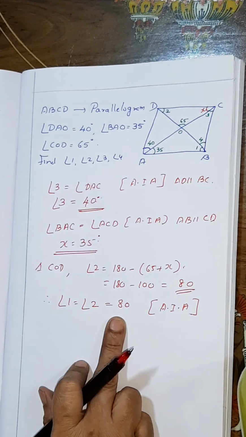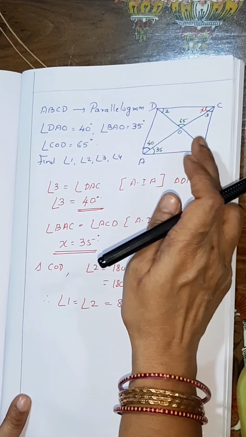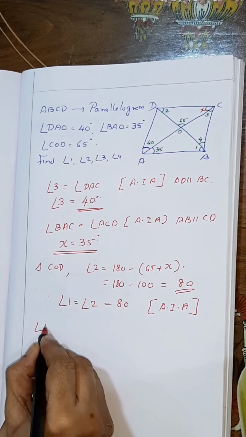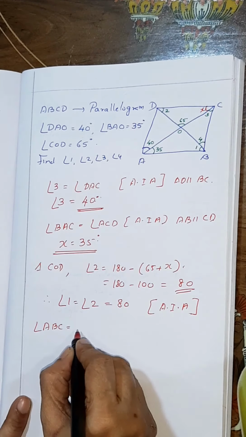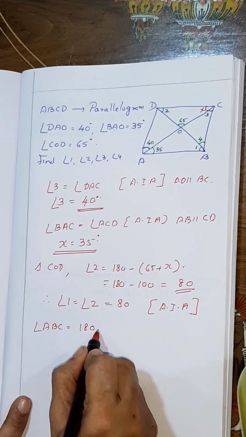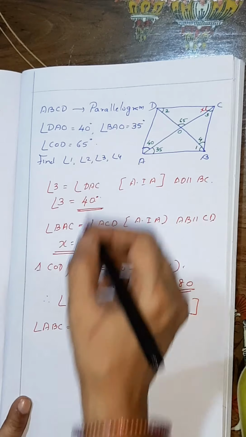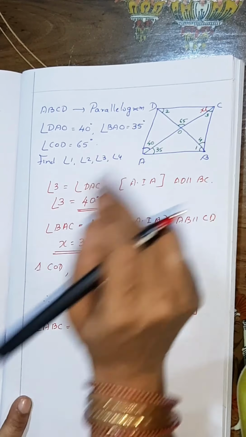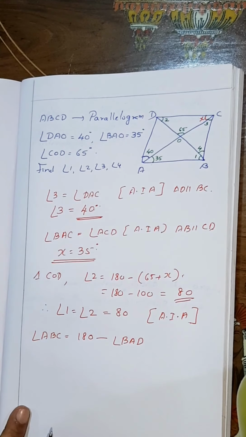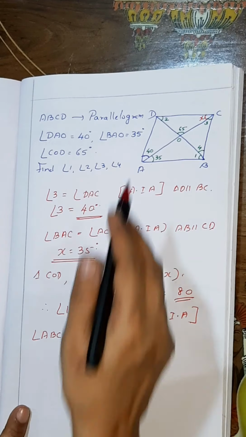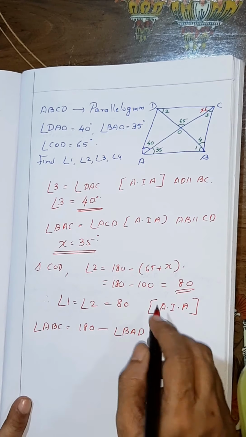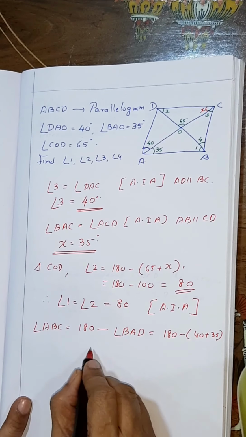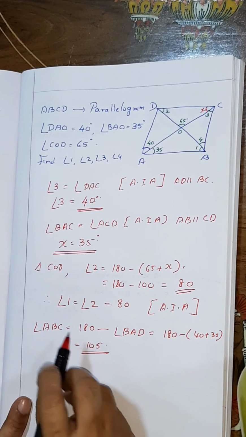Now, we have to find angle 4. So, angle 1 plus angle 4 will be equal to angle B, angle ABC, which is equal to 180 minus angle BAD, because these two are parallel and angle A plus angle B form co-interior angles and they are supplementary. So, BAD is equal to 40 plus 35. So, 180 minus 75 is equal to 105. Angle ABC is 105.